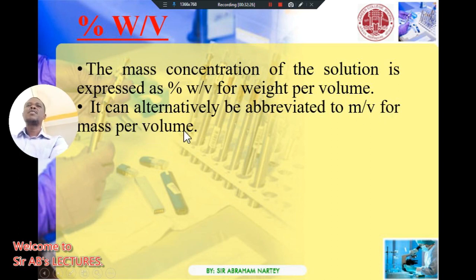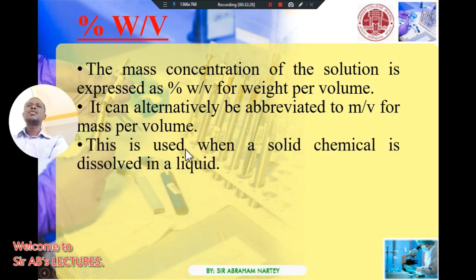This is used when a solid chemical is dissolved in a liquid. So this one is a solid. We are measuring the weight of that solid, then we dissolve it in a liquid. So this expression is normally used when we have a solid and a liquid solution.